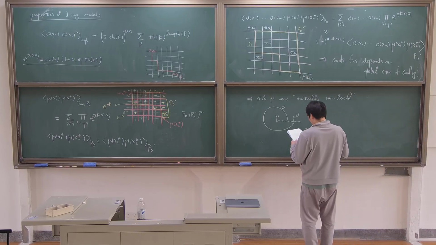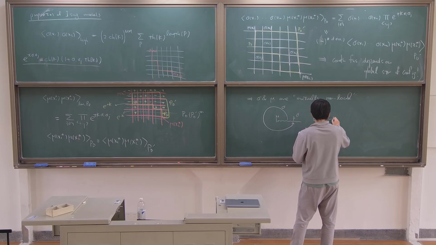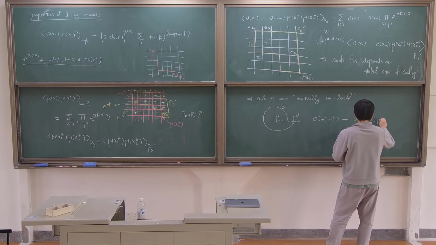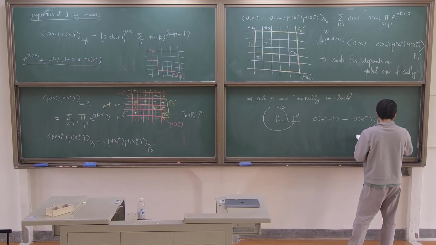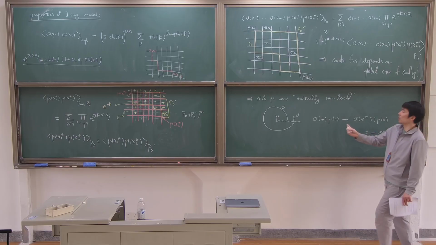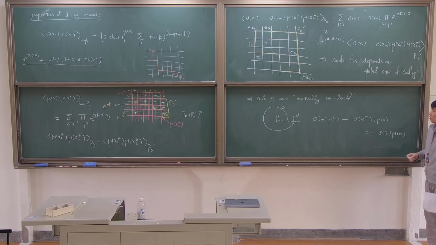And this can be understood as follows. Like this. If you rotate them together, you just get the negative sign. So this is mutual non-locality.